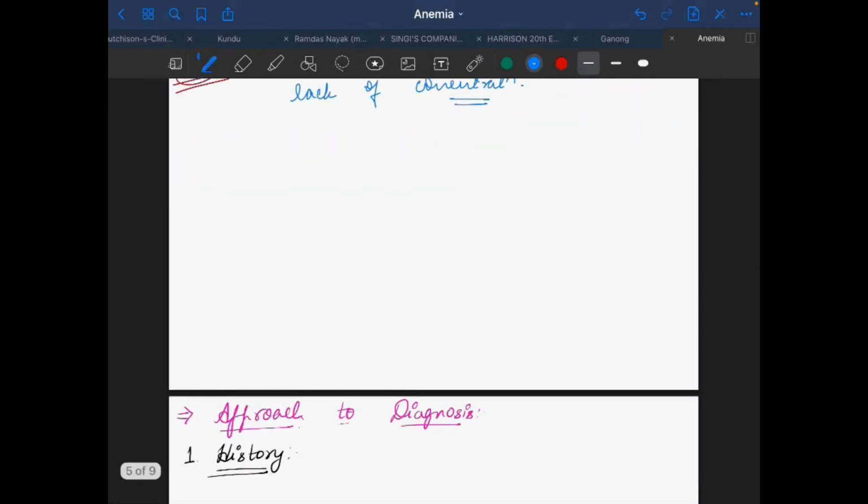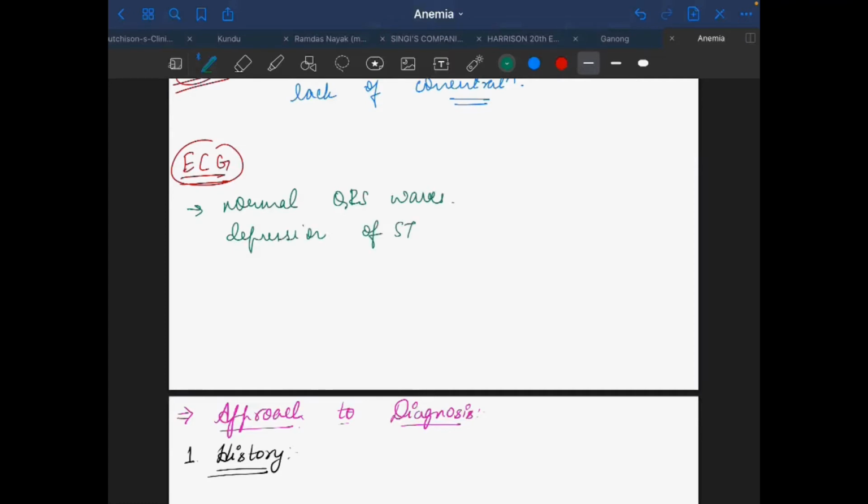Now let's see the general ECG findings present in a child having anemia. It will have normal QRS waves. There will be depression of the ST segments in the ECG.